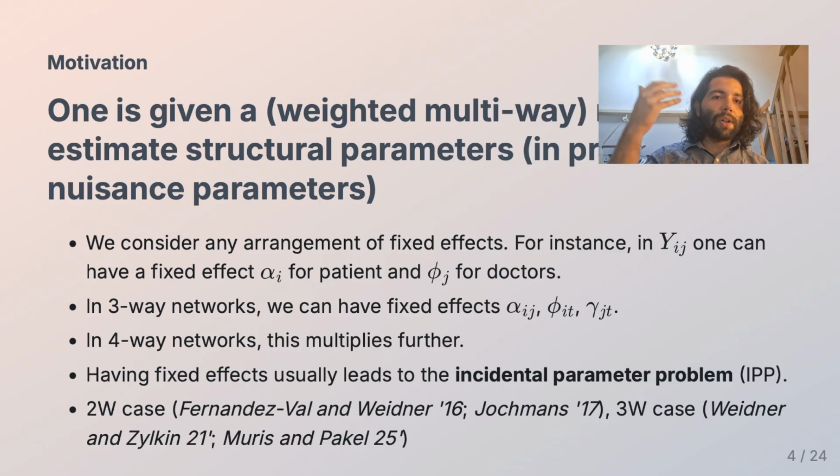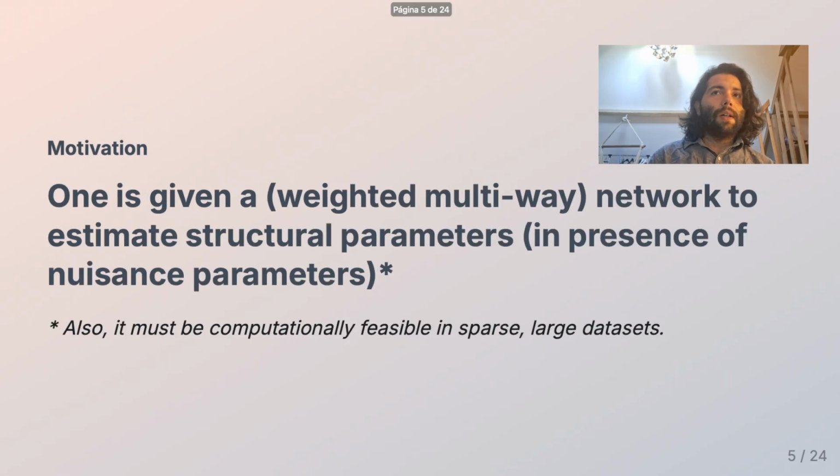Due to the presence of the nuisance parameters, the estimation of the structural parameter has some bias. Besides all of that, we also want a method that is computationally feasible, mainly in sparse, large data sets that appear in applications, mainly in social sciences.